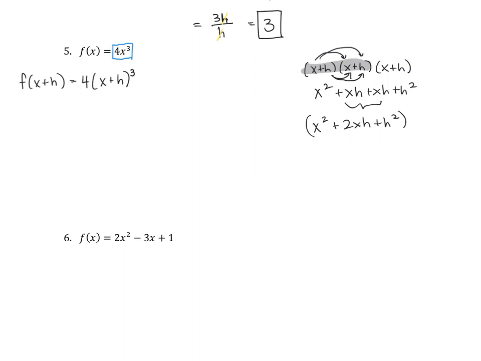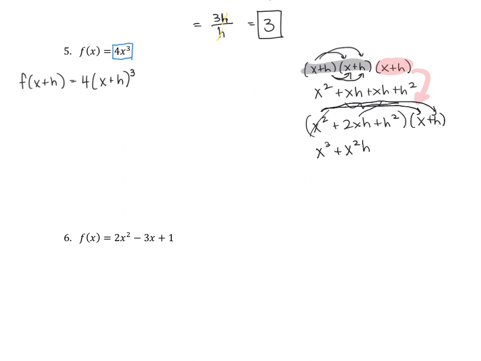Now I have to multiply by this one. So I'm going to bring it down and multiply what I got by that one. So I have x squared times x is x cubed, right? This times this. X squared times h is x squared h. Now I have to do the 2xh.